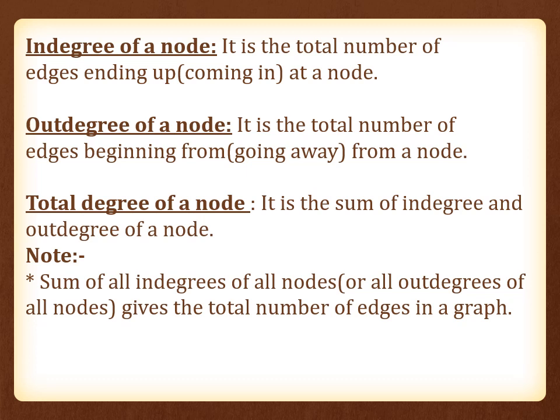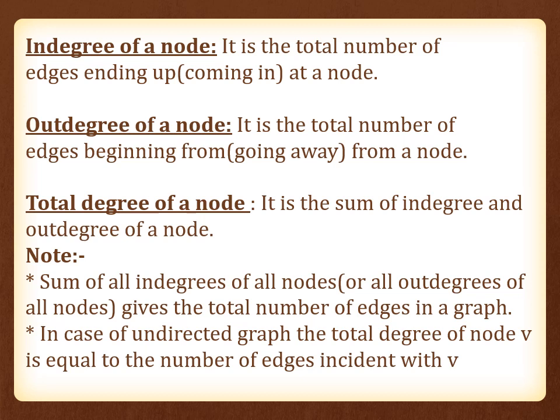And in case of an undirected graph, the total degree of node V is equal to the number of edges incident with V. If there is an undirected graph, that means there is no way to count in degree or out degree. There is only a total degree of node V. So the number of edges incident with that particular node V is called the degree of that node.